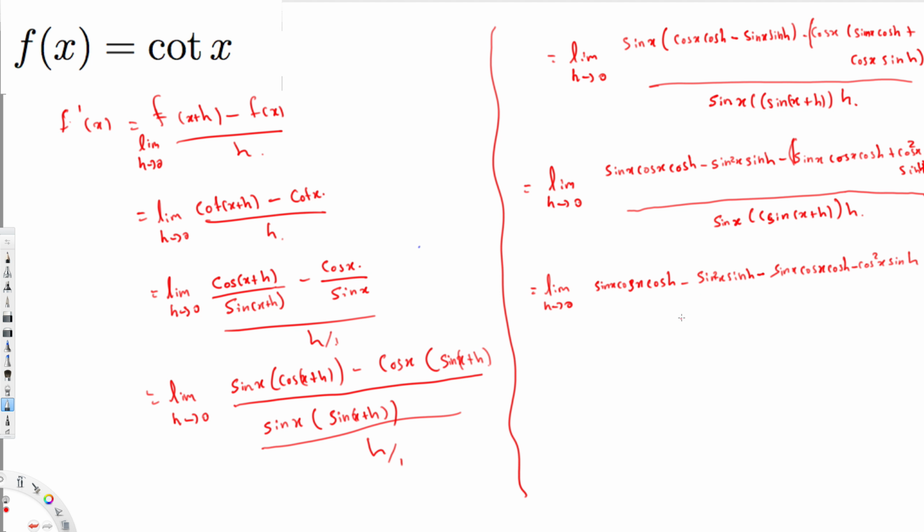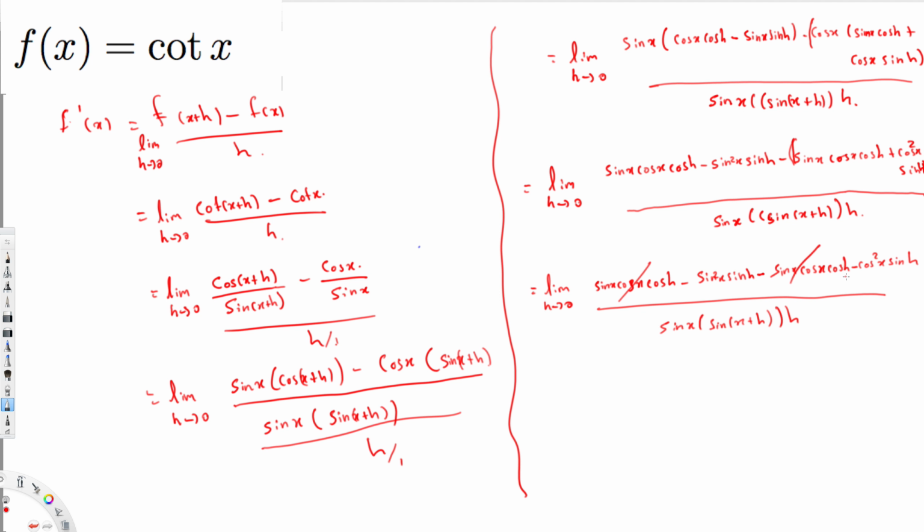Now I can cancel. Let's write the bottom: sin x, sin of x plus h, and h. Then I can cancel these two because both are the same thing, and then we have sin square x sin h and cos square x sin h.